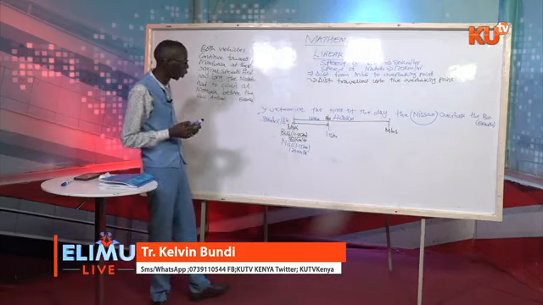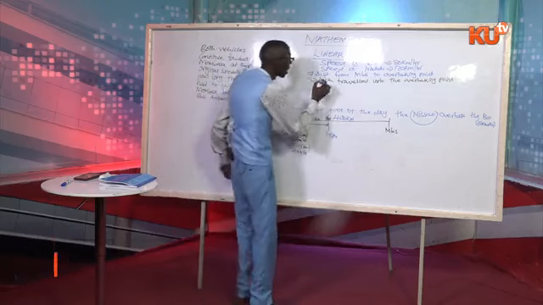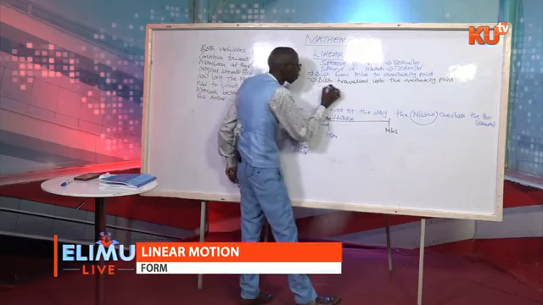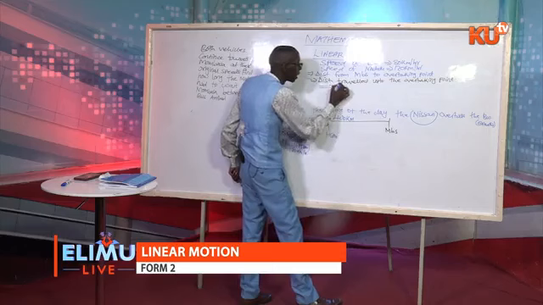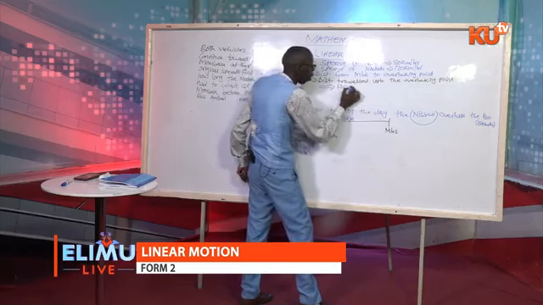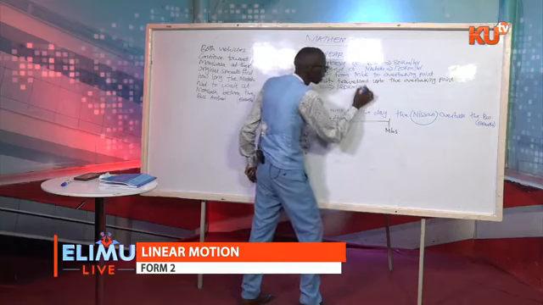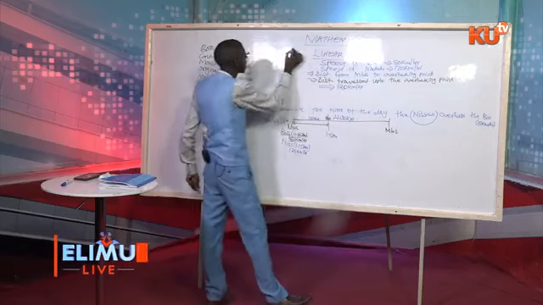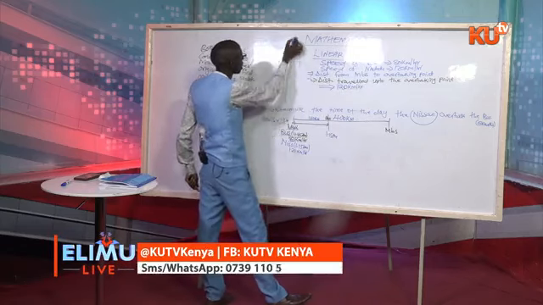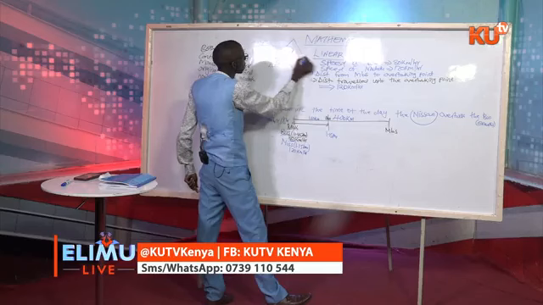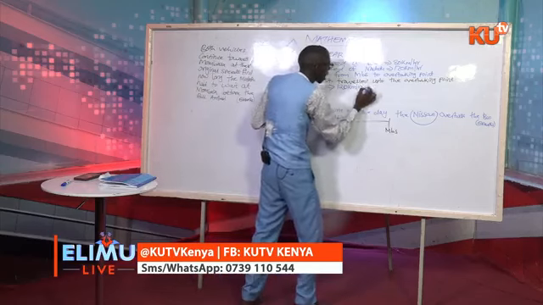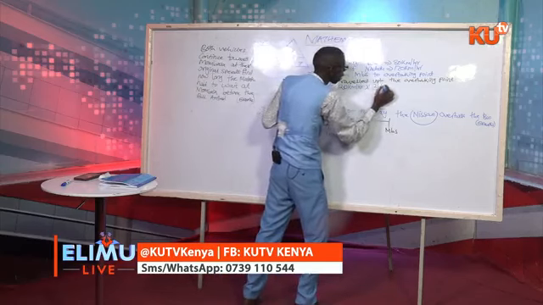This is what we'll do. We'll take the speed of the vehicle that overtook the other one, that is the speed of the Nissan. How do we get distance? Distance is speed times time. We multiply by the time taken to overtake.